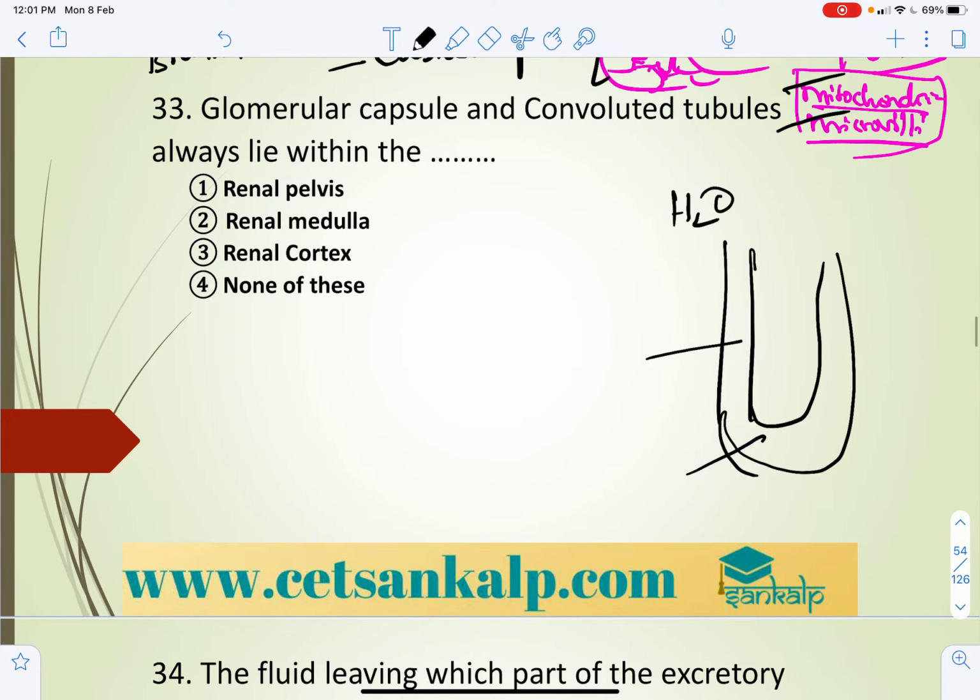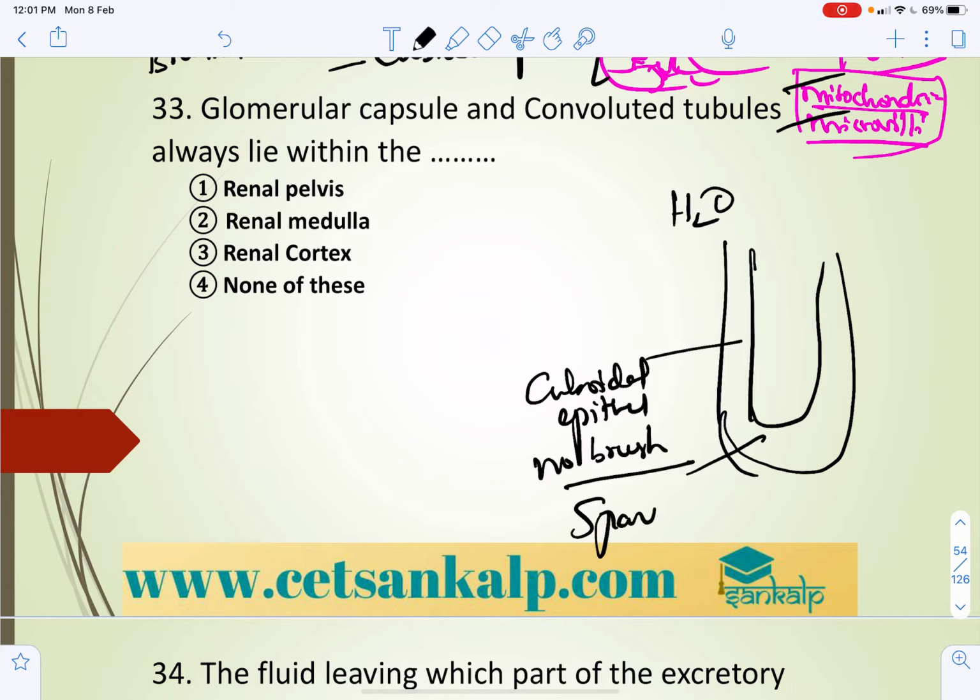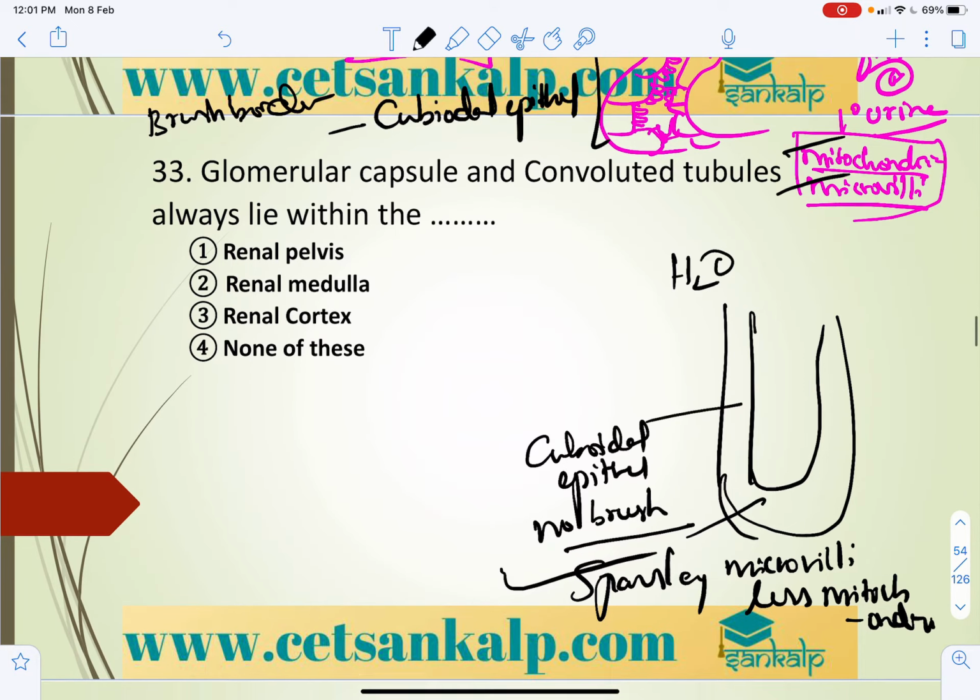Only simple cuboidal epithelium, no brush border, and if present, very sparsely arranged, scattered microvilli and very few mitochondria. So these are the things you have to keep in mind.